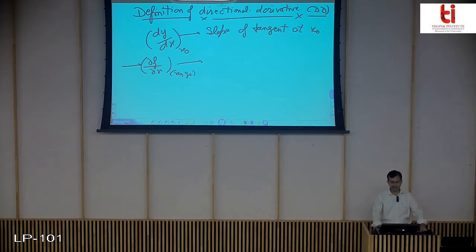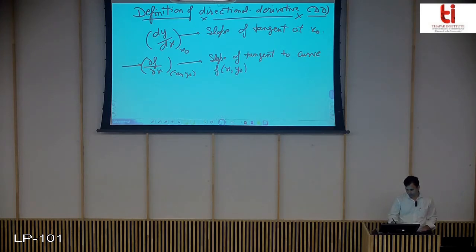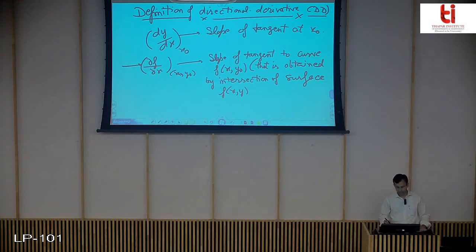The partial derivative of f with respect to x at point x0, y0 gives you the slope of the tangent to the curve f(x, y0), that is obtained by the intersection of the surface f(x, y) and the plane y equals y0.